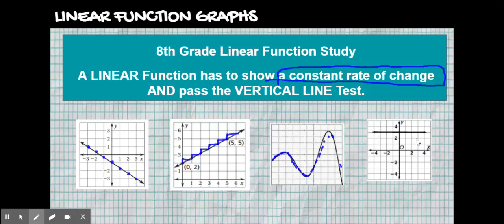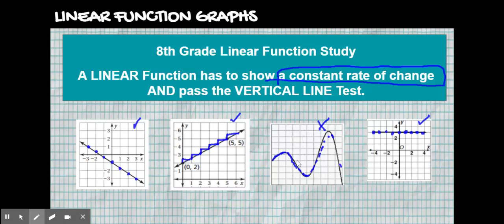Here, even though this is a graph of a horizontal line, it's still staying constant. As x is getting larger, -4, -3, -2, remember reading a graph from left to right increases our x, my output is staying constant. So that's when you realize that these three right here are linear function families. This one is not a linear function, but this is a function.